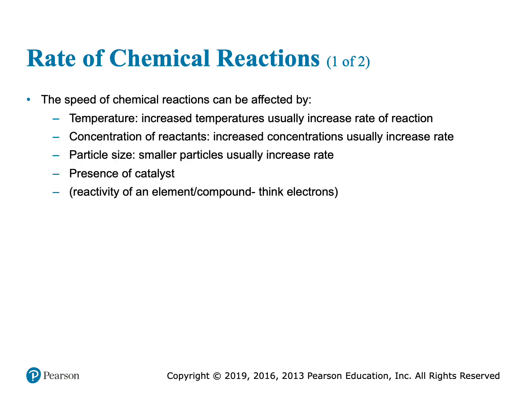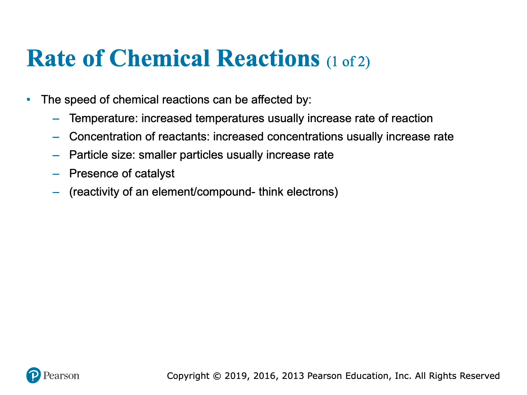Okay, this is going to be in lab. The rate of chemical reactions can be manipulated. If you change the temperature of your body, you can change the rate of chemical reactions. If you change the concentration of the reactants, you can change the rate of the reactions.